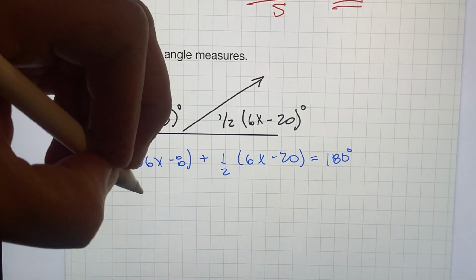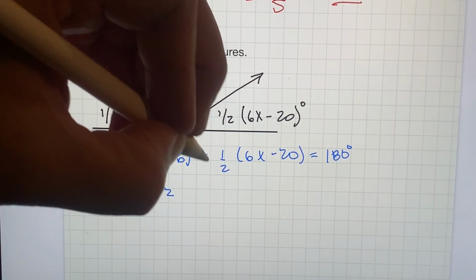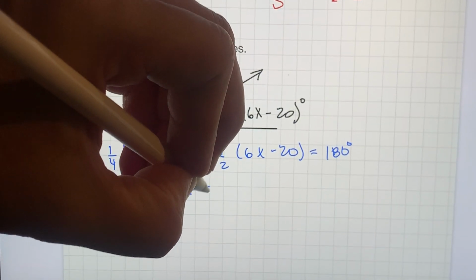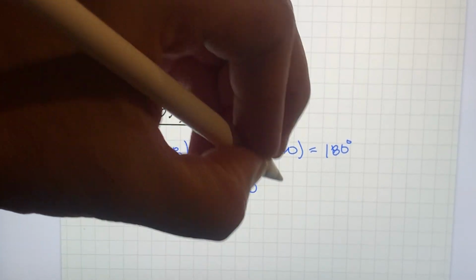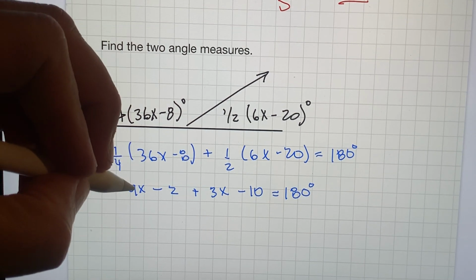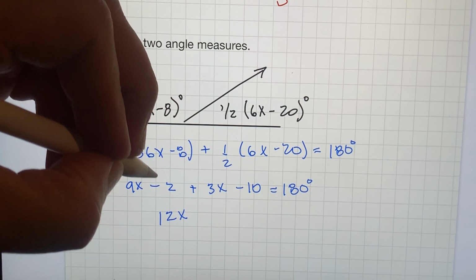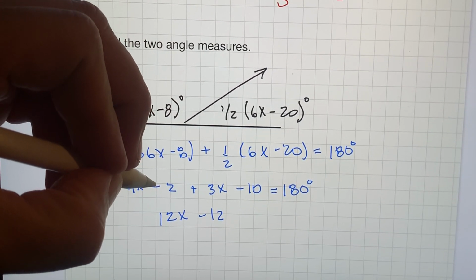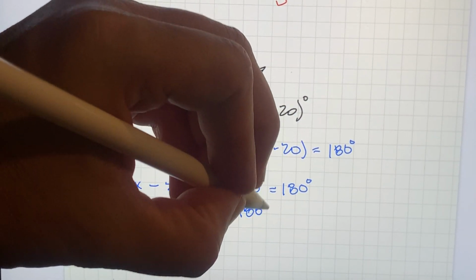So 36 divided by 4 would be 9x, and then 8 divided by 4 is 2, and then 6 divided by 2 is 3x, and then 20 divided by 2 is 10. So that's 180. Notice here that now I have 9x plus 3x, that would be 12x minus 12. Okay? And so that's equal to 180.